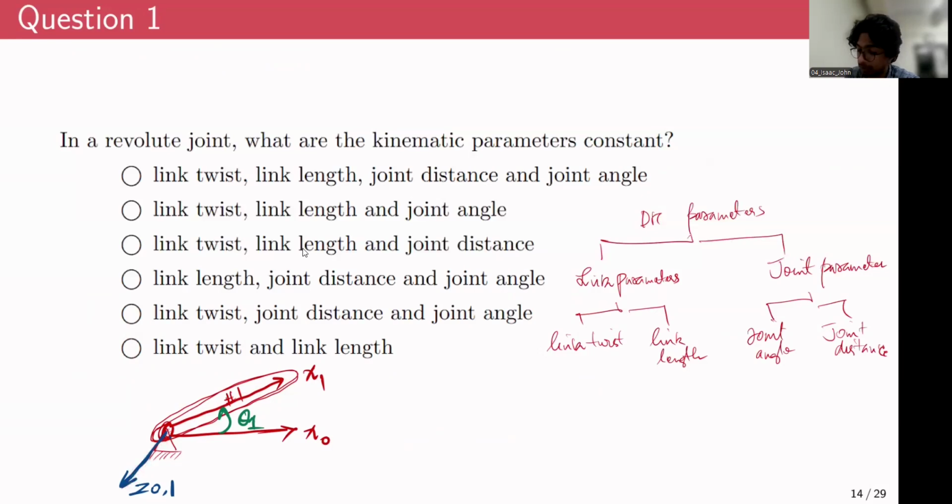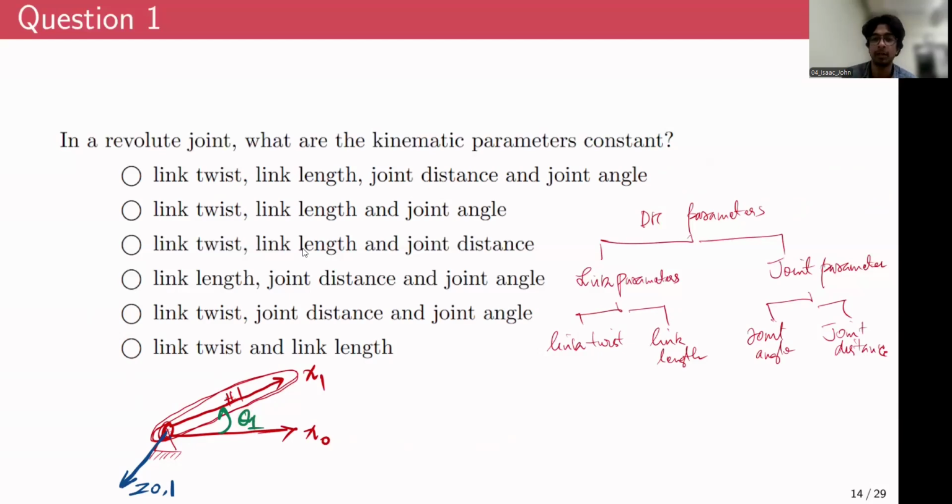The orientation between the 0th z-axis and the first z-axis is going to be the same. The perpendicular distance between x1 and x0 is also not going to change. The only thing that is going to change is this angle because it's a revolute joint.